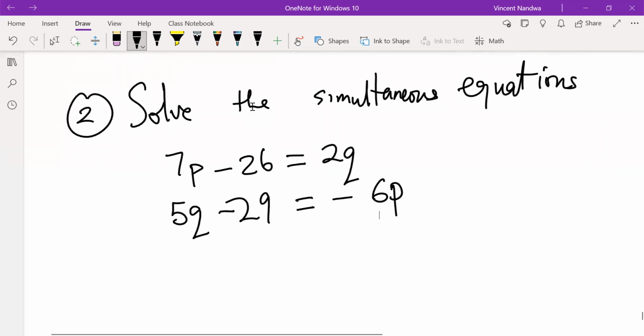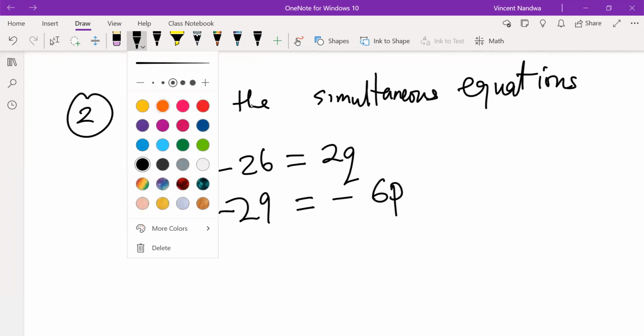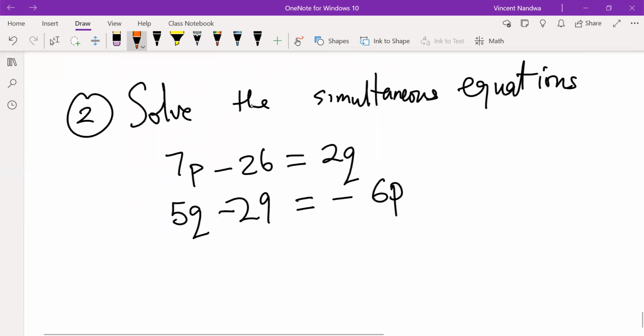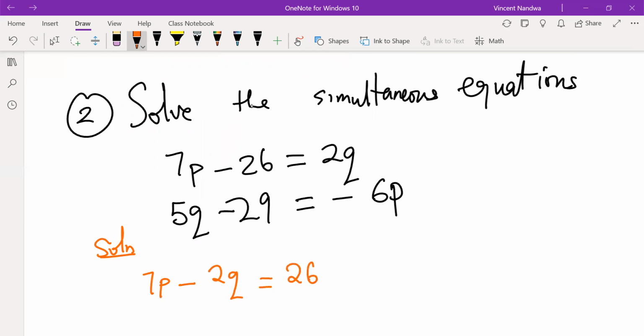So the first thing you have to do in this question is arrange the equation such that variables are in line and constants are on the right-hand side. So we'll have 7P minus 2Q equals positive 26.